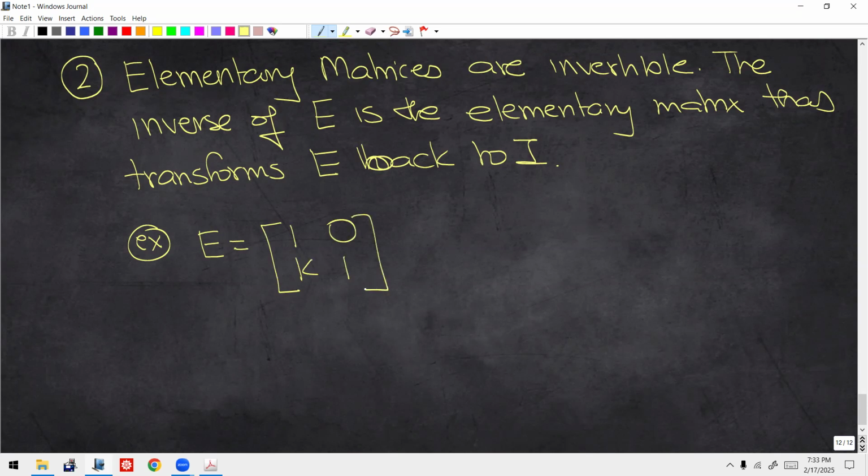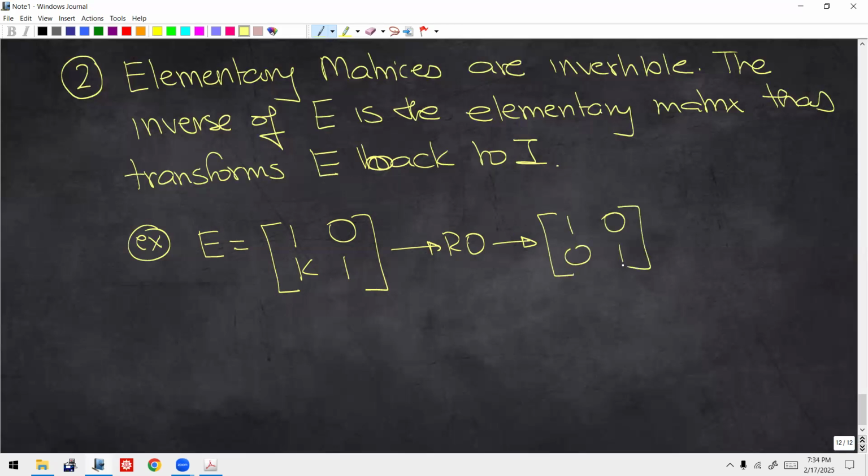So this is an elementary matrix, okay? The first thing I need to do is find the inverse of this. I have to ask myself, what row operation will change this back to an identity? To do that, we're going to multiply the first row by negative K and add it to the second row, correct? And that'll change it back to identity.